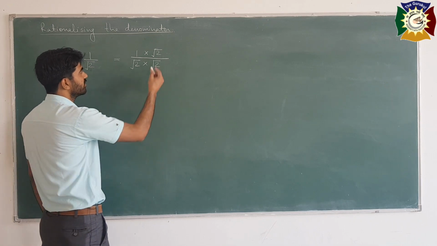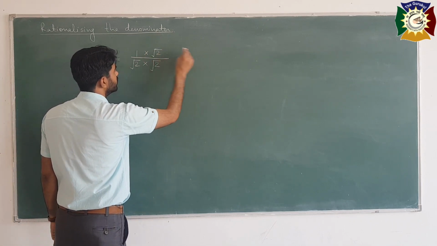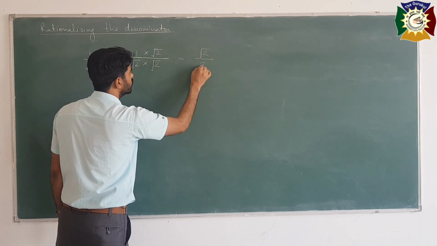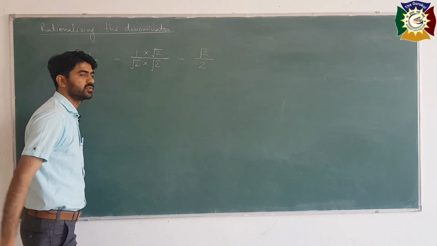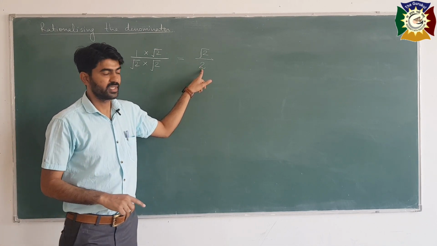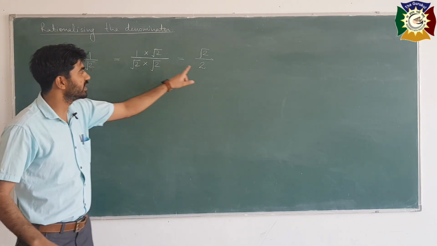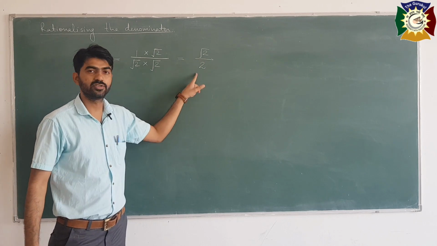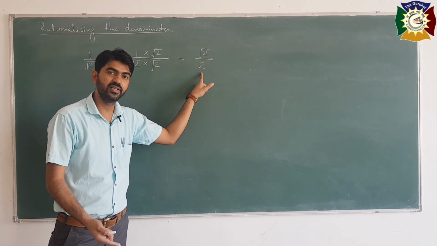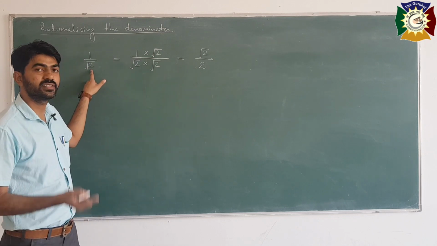So there will be no change mathematically. Now see, what will happen? Numerator will become root 2, but denominator will become 2. Root 2 multiplied by root 2 is equal to 2. Now the denominator is rational. This number can be written as this also. But here the denominator is rational and here the denominator is irrational.